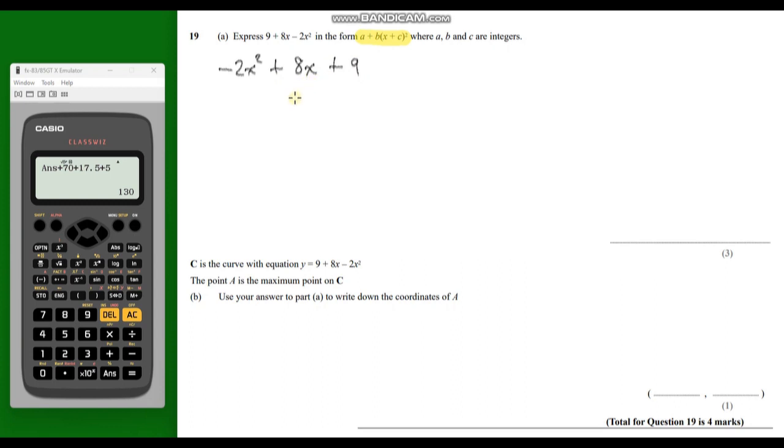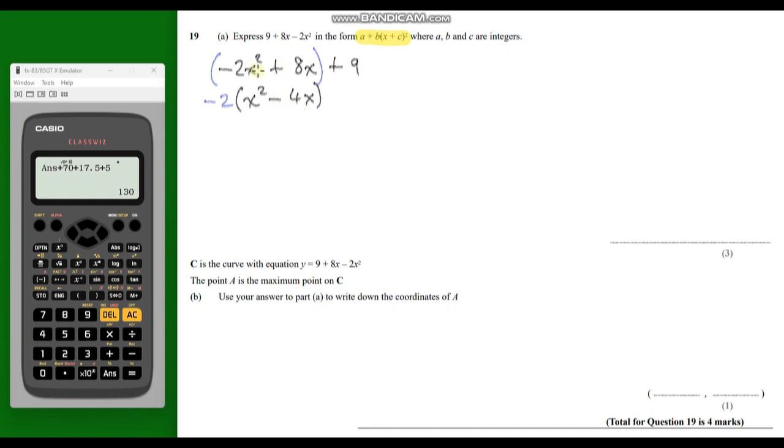Now, whenever we're completing the square, we have to complete the square on x squared. There shouldn't be any coefficient on the x squared term. So what I'm going to do is factor out a negative 2 from this part of my expression. So if I factor out a negative 2, what am I going to be left with? Well, I've got x squared minus 4x.